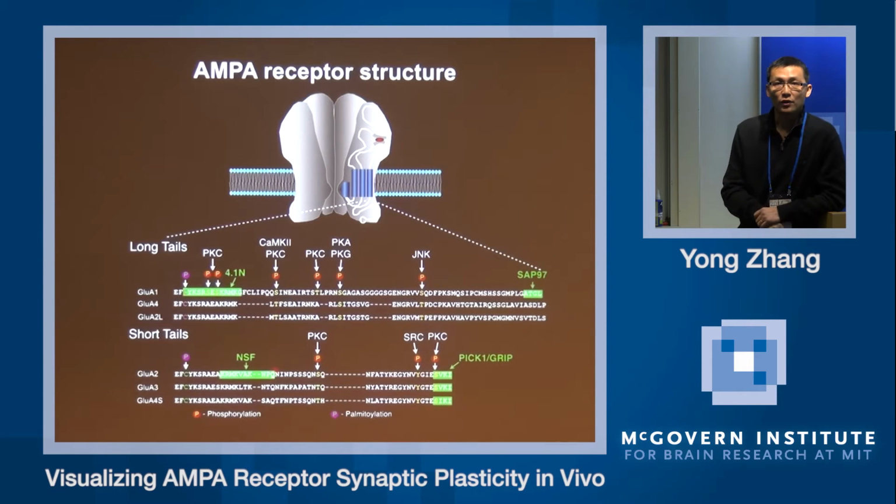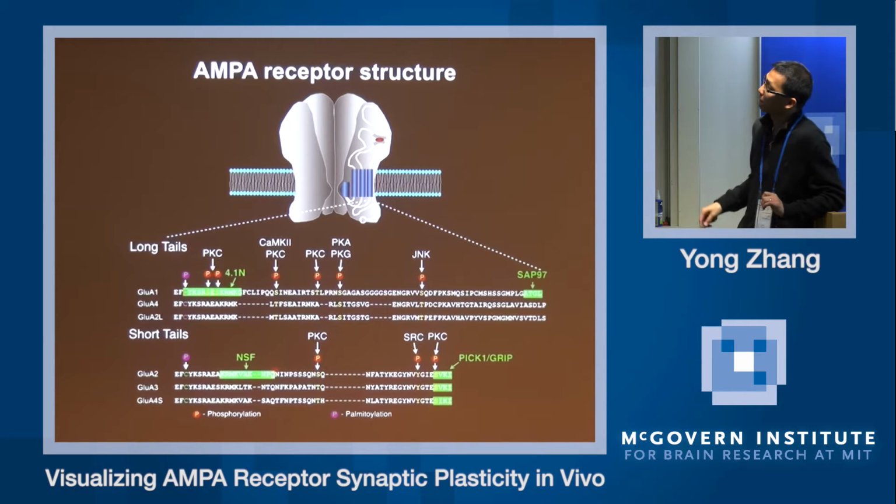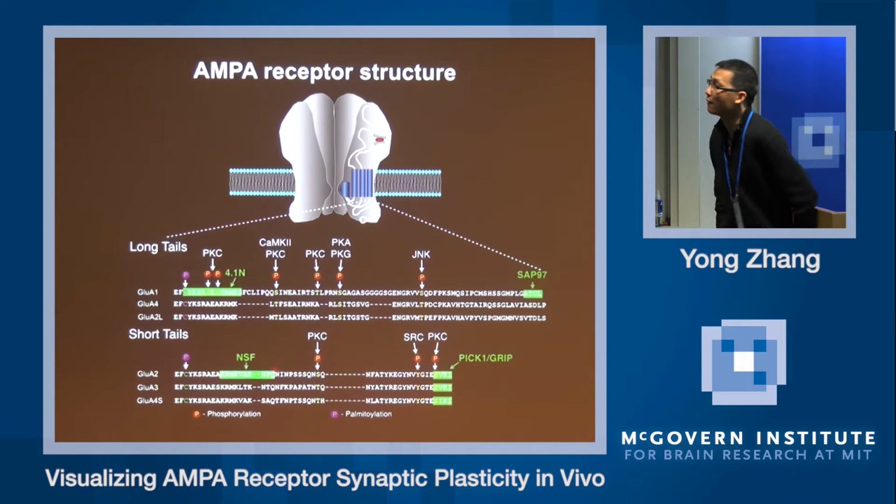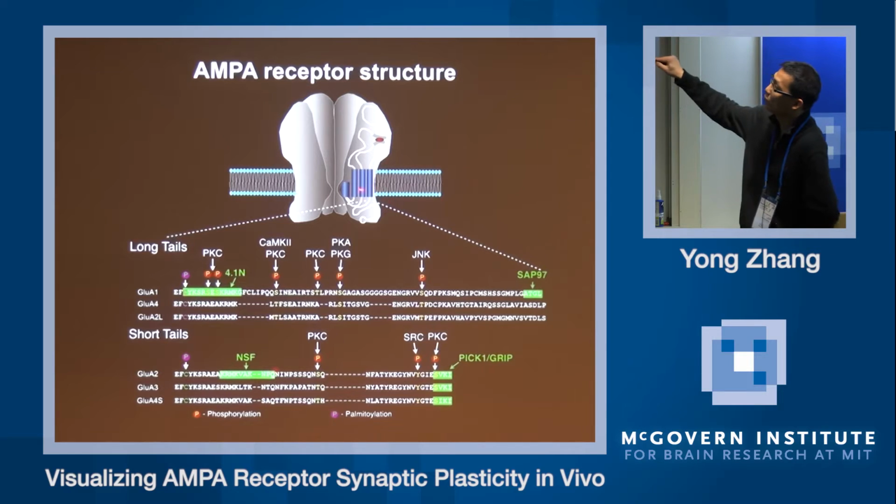AMPA receptors are the major glutamate receptors located on the postsynaptic side. AMPA receptors mediate the majority of the fast excitatory synaptic transmission. Here I'm showing you the structure of the AMPA receptors, which are basically a tetraheteromeric structure with 3 to 4 transmembrane proteins.